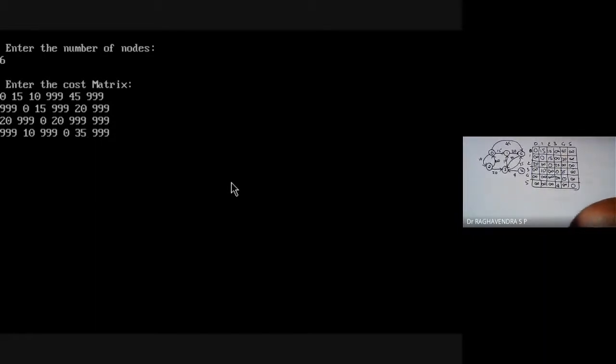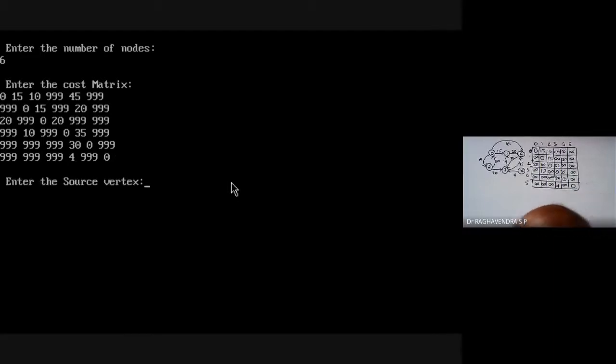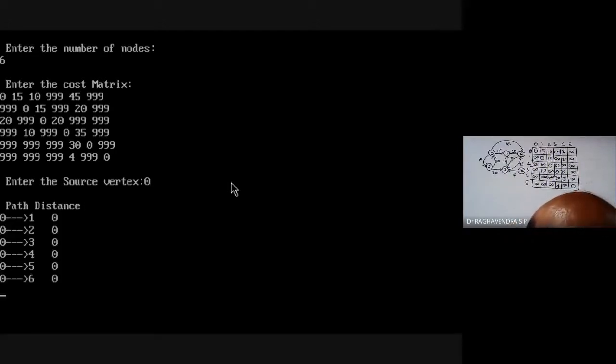Then 3 infinities, then 30, 0, then infinity again. Then 3 infinities. Then 4, infinity and 0. So enter the source vertex, 0. So 0 is given.